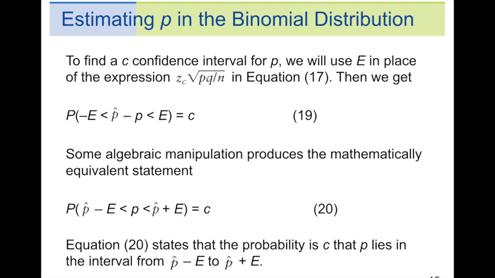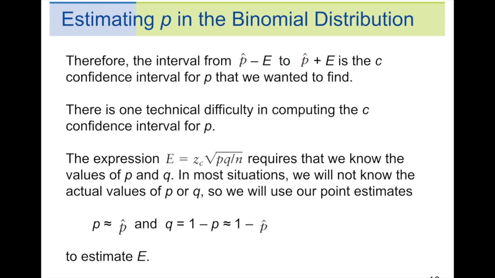Some algebraic manipulation, which is subtracting p hat from both sides and multiplying both sides by negative 1, produces the mathematically equivalent statement: the probability that p hat minus E is less than p is less than p hat plus E equals c. Equation 20 states that the probability is c that p lies in the interval from p hat minus E to p hat plus E. Therefore, the interval from p hat minus E to p hat plus E is the c confidence interval for p that we wanted to find.